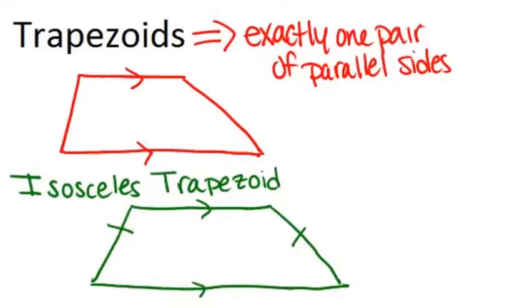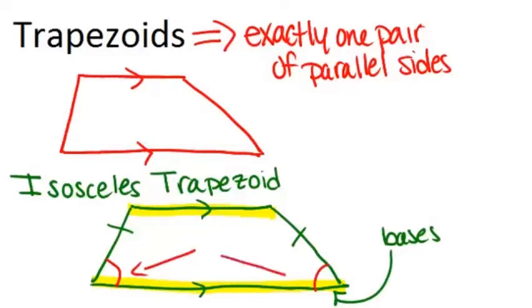So this would be an isosceles trapezoid. In an isosceles trapezoid, the two parallel sides are called the bases. So the trapezoid has two bases. The angles at the bottom along the longer base are called the base angles. The congruent sides are called the legs.